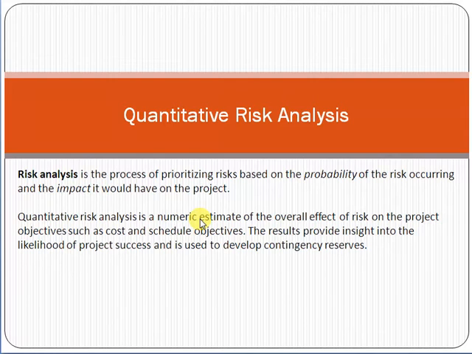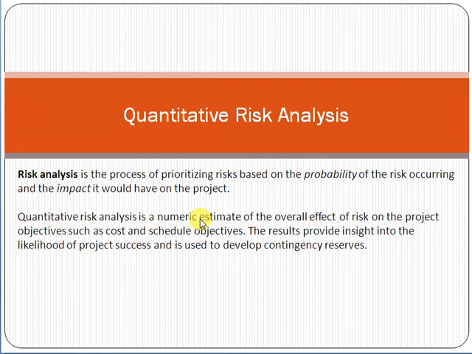We prioritize the risk. Basically, quantitative risk analysis is an approach of risk analysis. Risk analysis means prioritizing the risk, like which risk is more important and which is less important. Quantitative risk analysis is based on numerical calculation, meaning that based on some mathematical calculation, we prioritize the risk. And what is the criteria of the mathematical calculation?